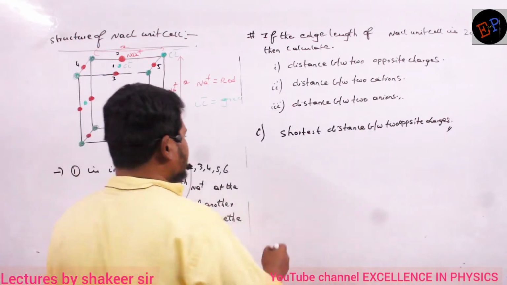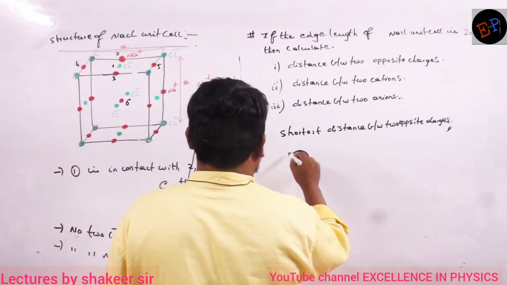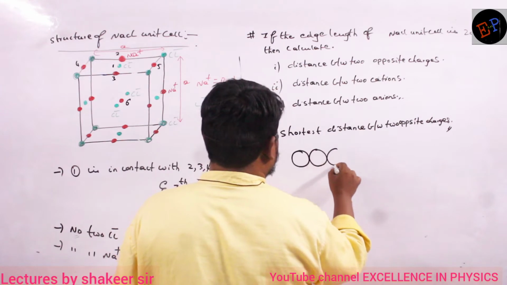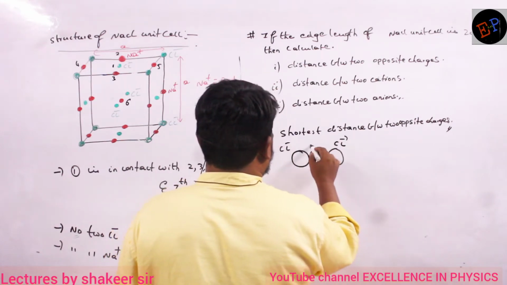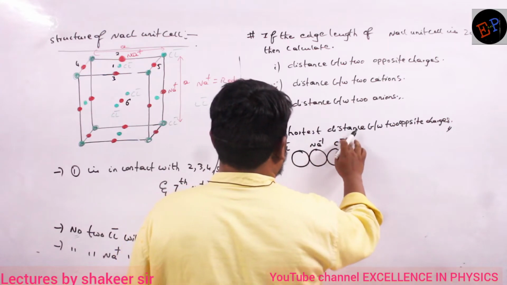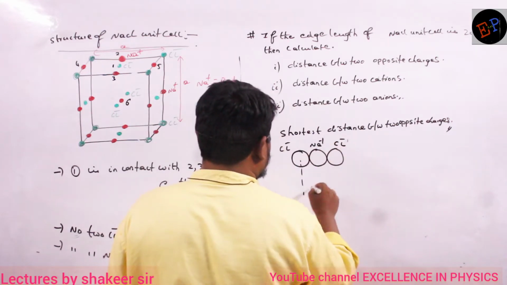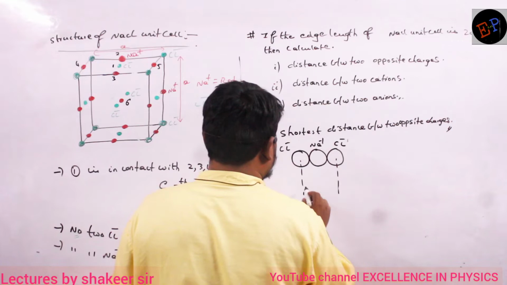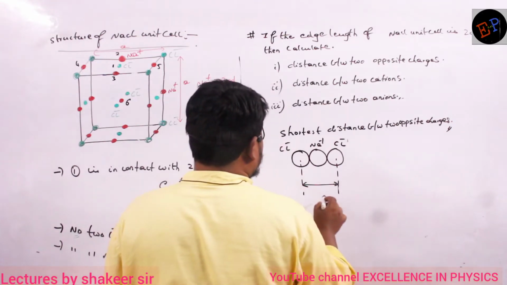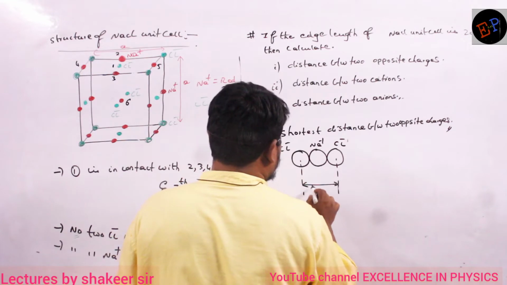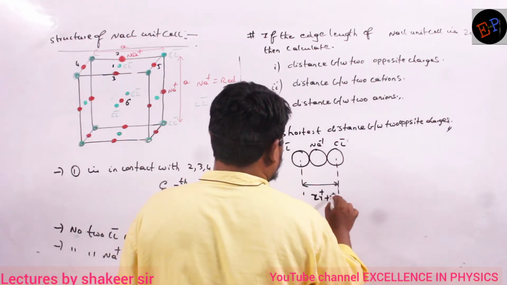So draw the diagram of this. So this is the arrangement. Okay ma? So this is Cl minus and Na plus. Clear, no? So what is this total distance? Okay ma? So this total distance will be how much? This total distance will be 2r plus 2r minus.